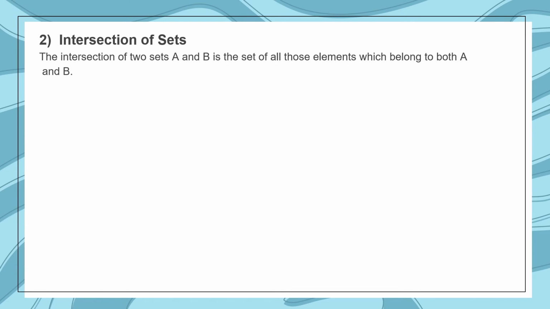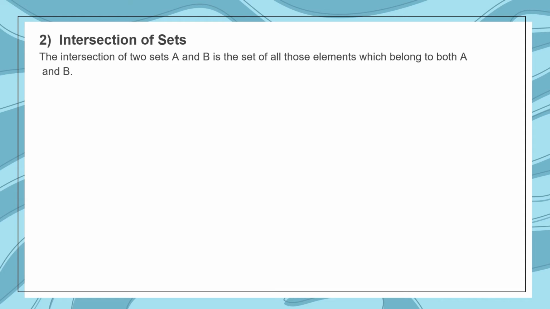Let's take another operation, which is intersection of sets. The intersection of two sets A and B is the set of all those elements which belong to both A and B. It means we only consider common elements.